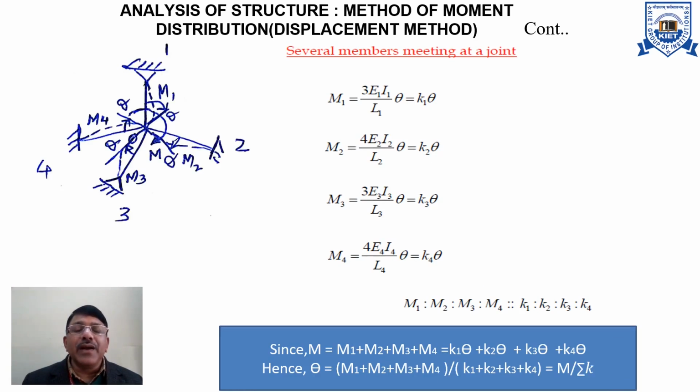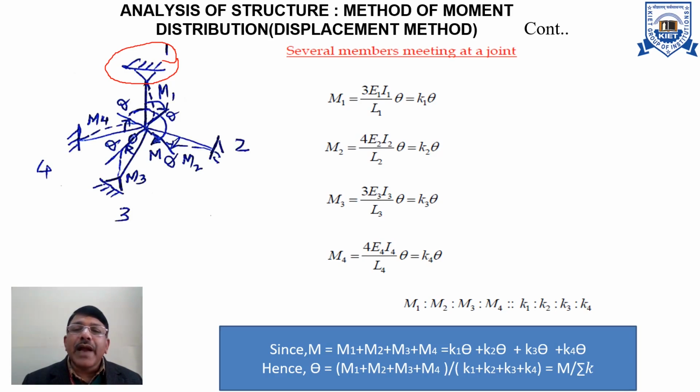Take an example, the moment M1 which has been shared by member 1. Member 1 is hinged at the far end, and M1 is what? Since it is hinged, 3 E1 I1 upon L1 into theta.